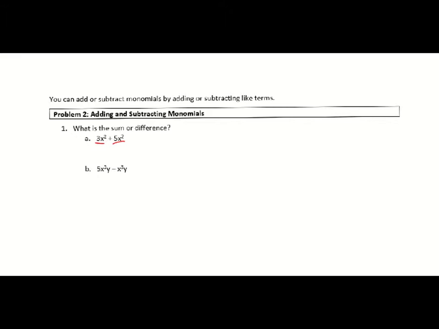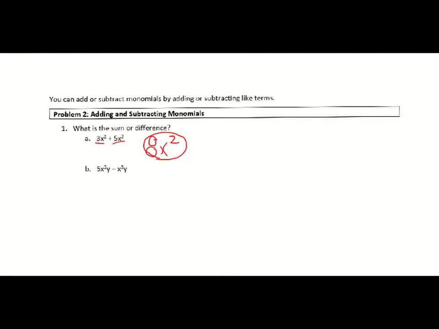So when I add these together, I'm only going to add the coefficients, the big numbers on the outside. 3 and 5 makes 8. And then I'm going to keep the variable and whatever exponent it had the same. So 3x squared plus 5x squared would be 8x squared. This is a monomial with degree 2.